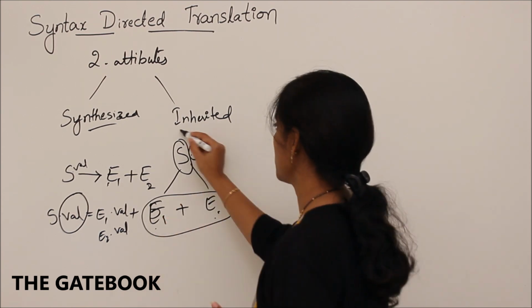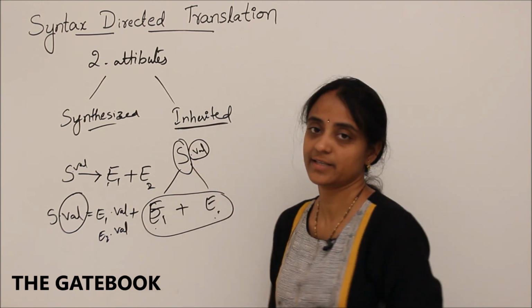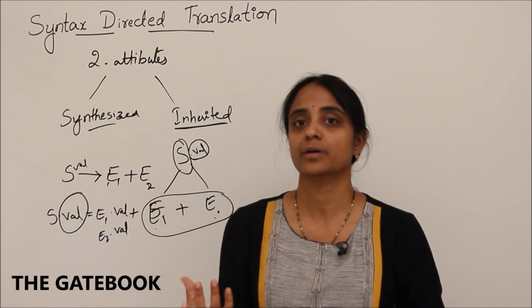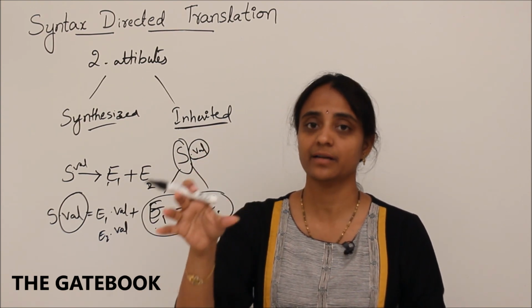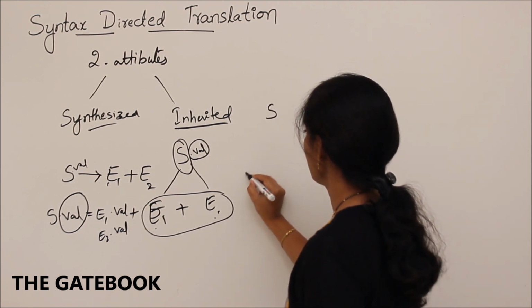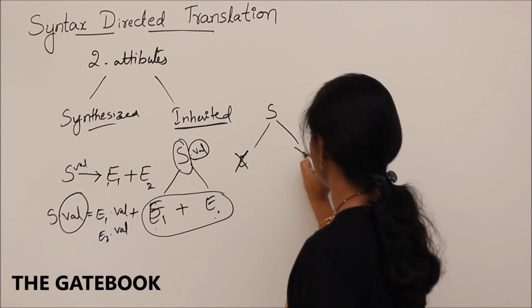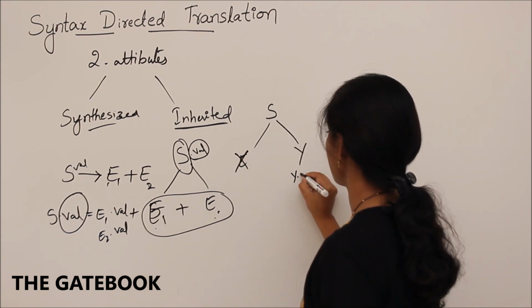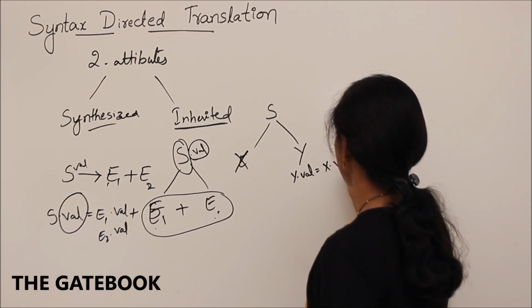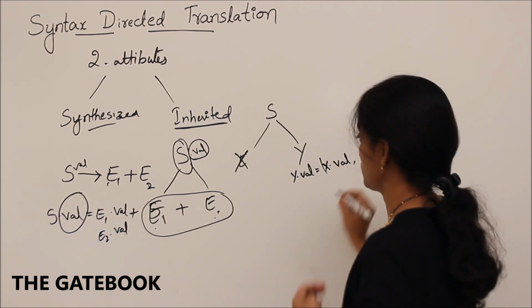Let's see what an inherited attribute is. By the word we can understand that an inherited attribute is one whose value depends on either the parent or siblings. Suppose there is something like X, Y, and again there is a value attribute, which is X dot val followed by S dot val or something of this sort.